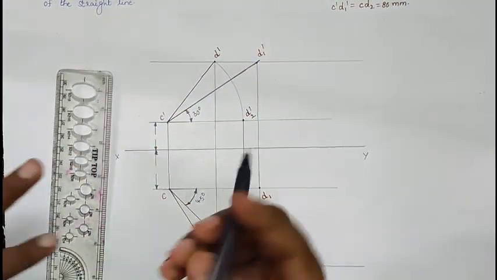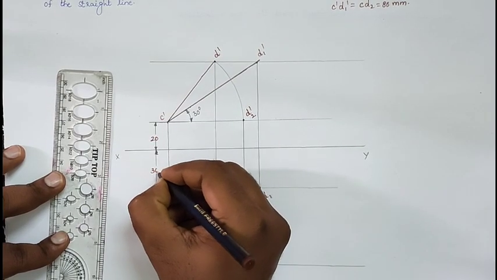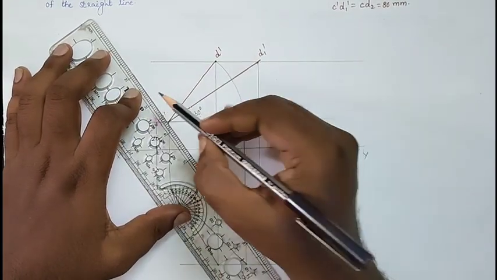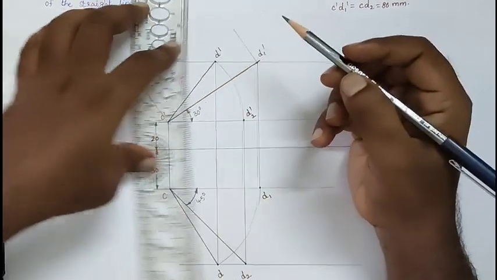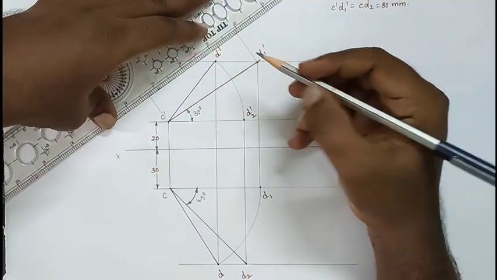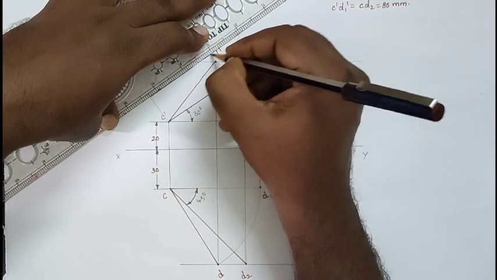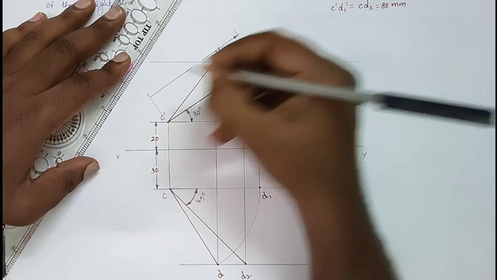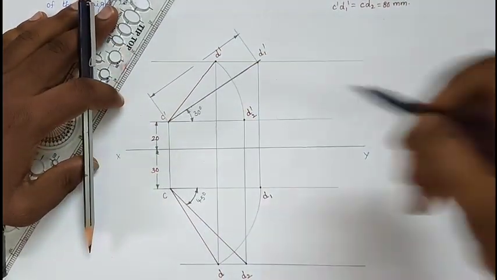This dimension is 20 mm above HP and 30 mm in front of the VP. And also this dimension they are clearly giving, that the true length of the line we can draw in an inclined manner. So this dimension is also 80.